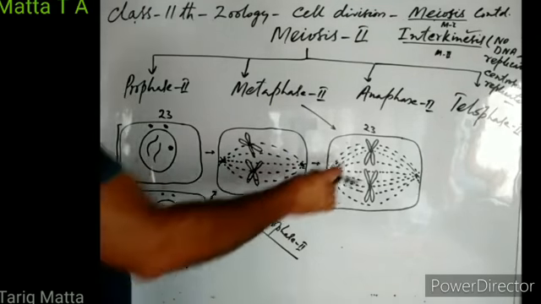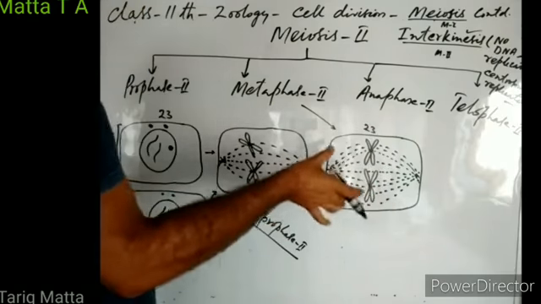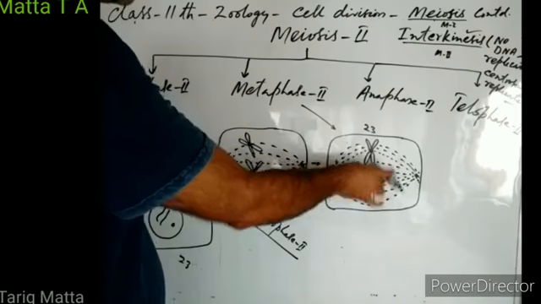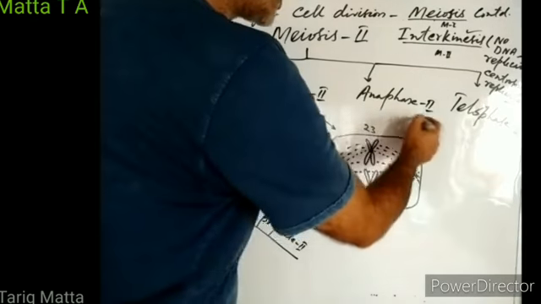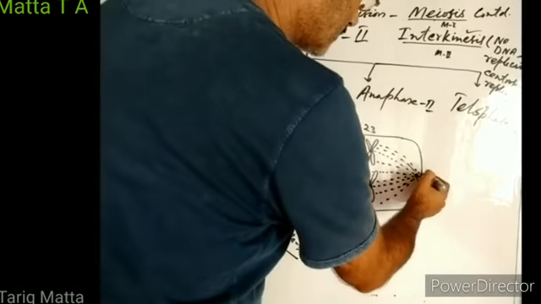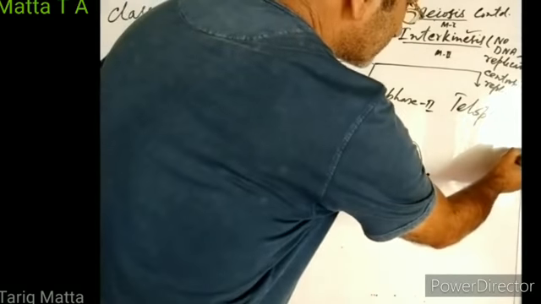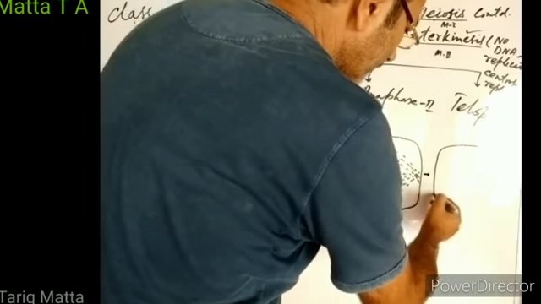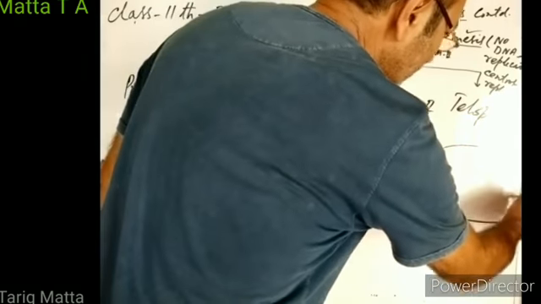Now, after aligning the chromosomes perfectly around the equator of the spindle, the cell will enter into anaphase second. So we will see what will happen in anaphase second.